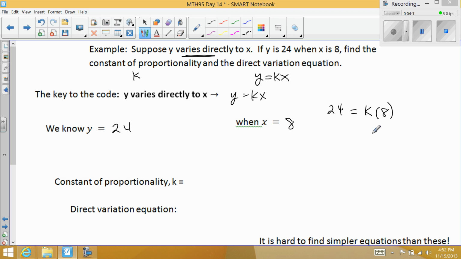So we can solve this for k. Nice simple equation. k is 3. So k, our constant of proportionality, is 3, and with that we can write our equation. y equals 3 times whatever x is. You're not going to find many simpler equations than these.